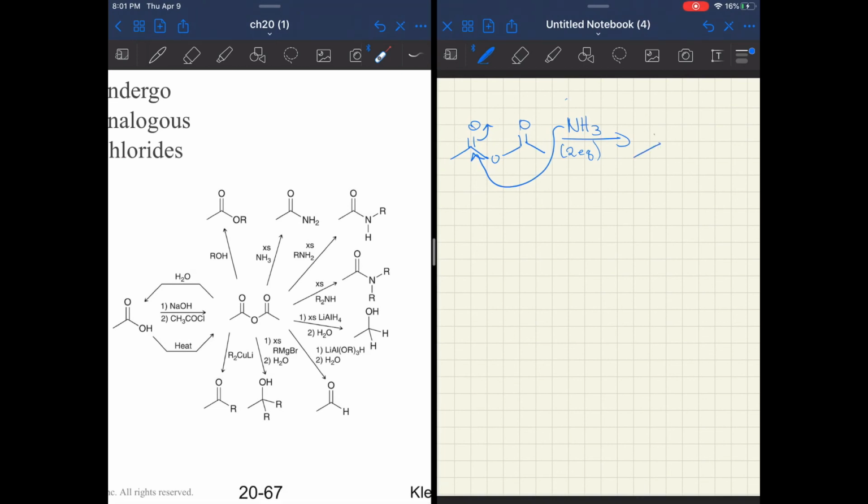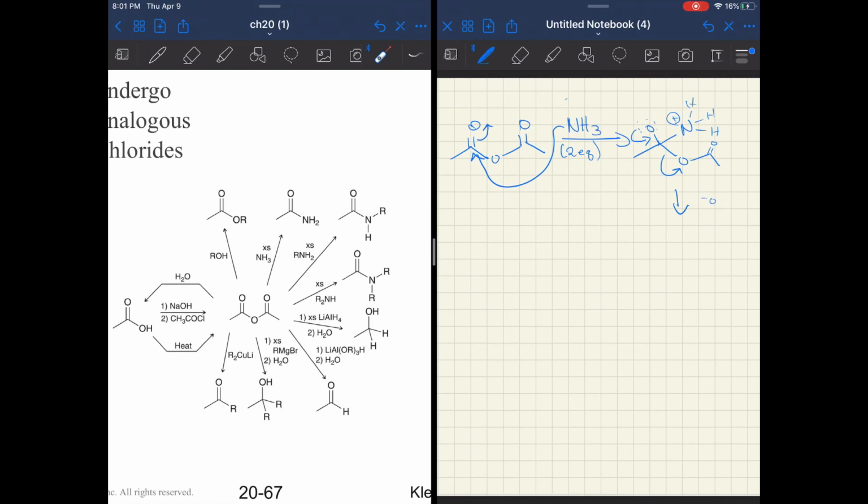We're going to get our tetrahedral intermediate. We've added NH3. That's a plus charge. O. There we go. This is going to fold back in on itself because we have a good leaving group, right?